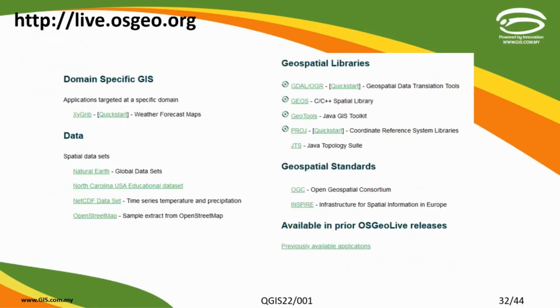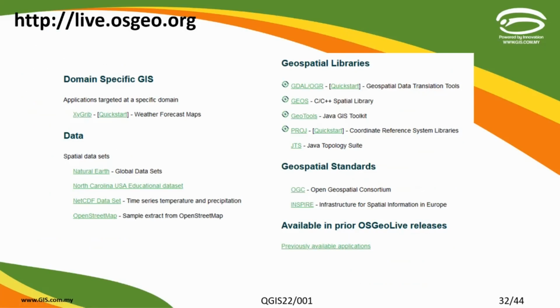Domain-specific GIS data, you have Natural Earth. Sorry, XyGrib is for weather forecast maps. And okay, this is something very, very important and very good. The PROJ project, that is where they maintain coordinate systems. So you can use the PROJ database to read and write data and convert them in different coordinate systems.